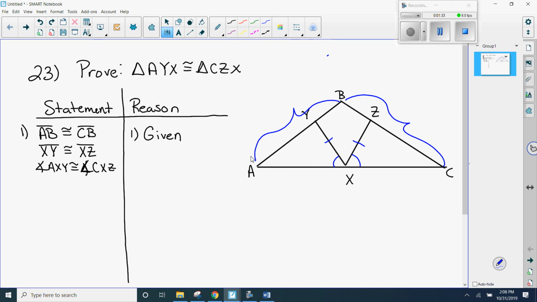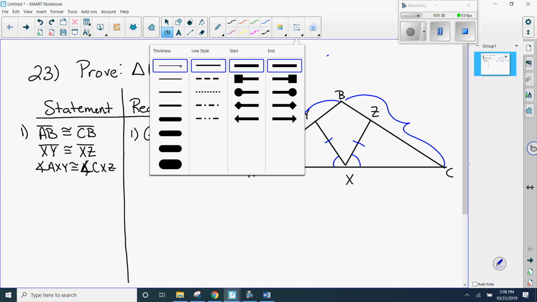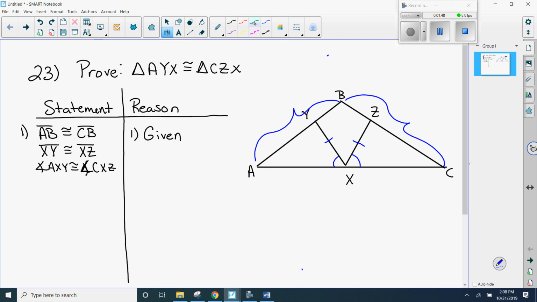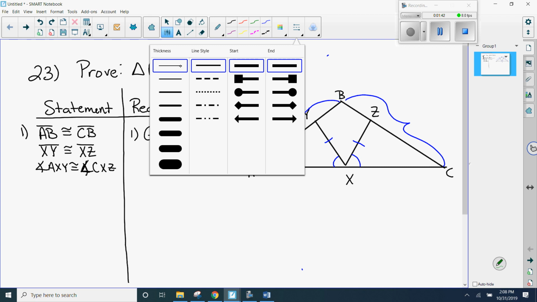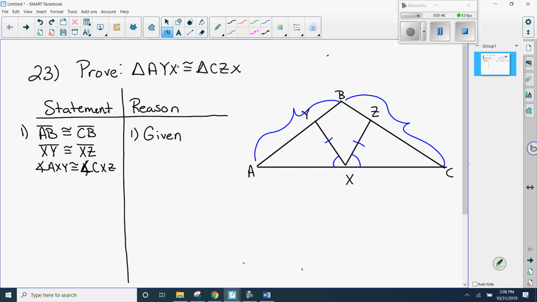So as I look at this and I go through trying to set it up, let's change the color. Okay, so I have the given information marked. All right, what do you know is also true in that figure? Angle A is congruent to angle C. And why is that? Very well stated.